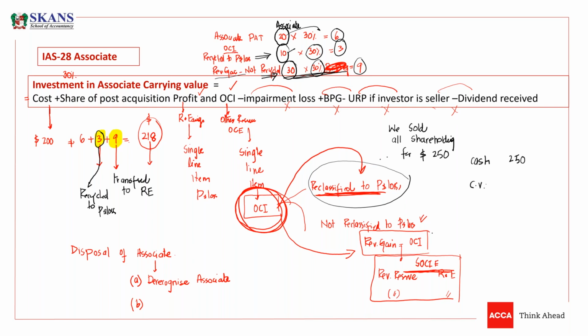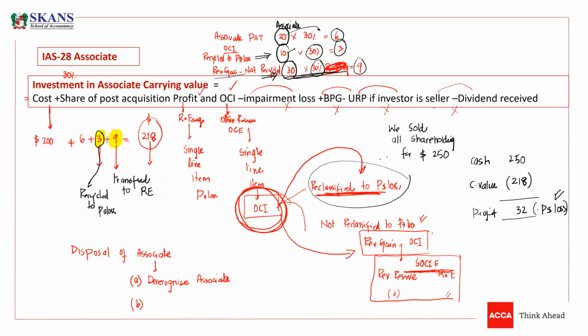and the carrying value of associate is 218. This is profit on disposal, guys, because we sold for 250 and the carrying value is just 218. So the profit is 32 and it will be charged to P&L.